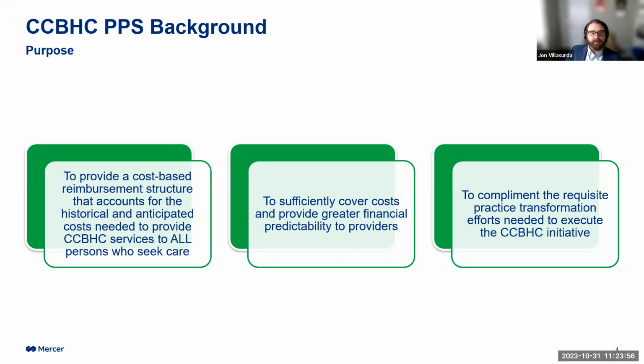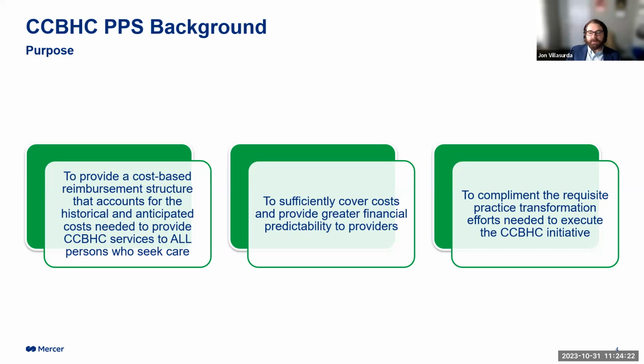It mimics the federally qualified health center model of care in terms of the PPS to reimburse for that encounter, effectively a bundle of services, if you will, which we'll get into in a bit in terms of the PPS2 description. Really, I kind of summarize this, but it is meant to sufficiently cover the cost and provide greater financial predictability to providers.